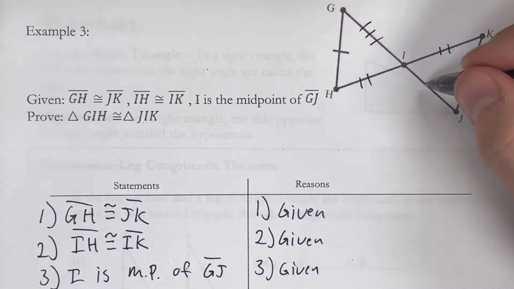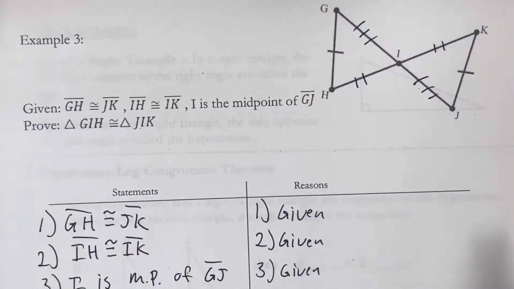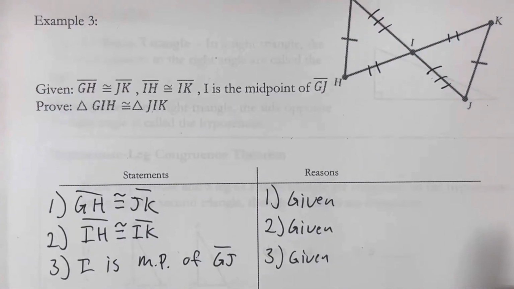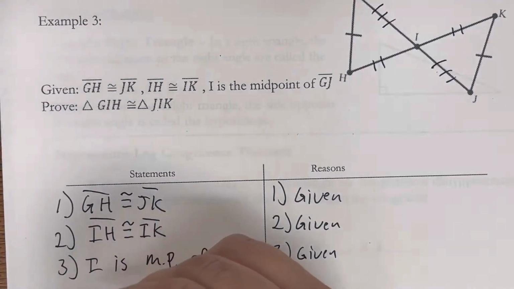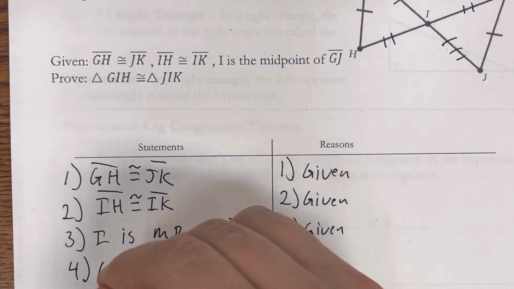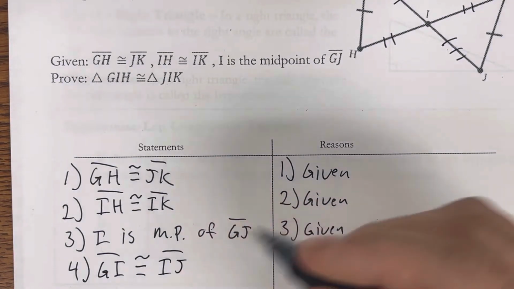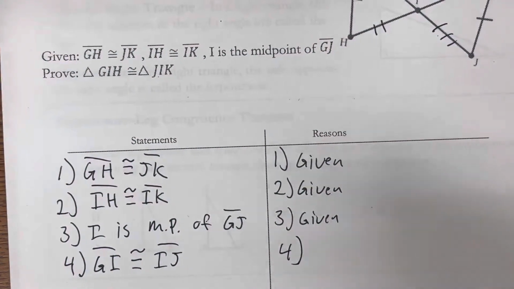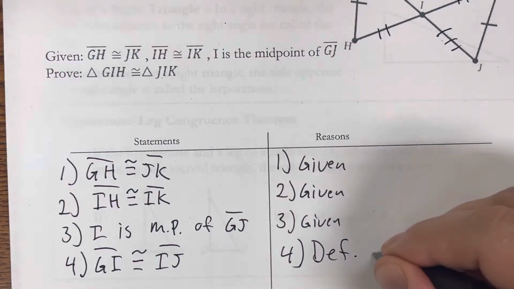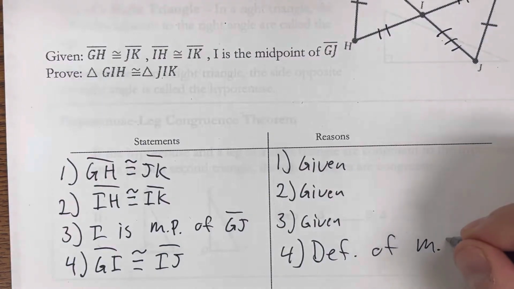So 3 tick marks here. Have to name them. GI is congruent to IJ will be step 4. And the reason we used our midpoint again. So we used the definition of midpoint.